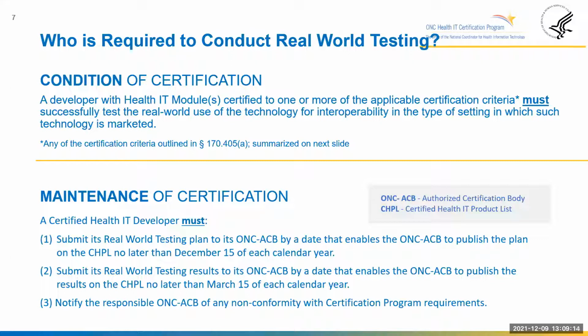You're also going to have to submit real-world testing results to your ONC ACB by a date that enables them to make those publicly available on Chapel no later than March 15th of each calendar year, and to notify your ONC ACB of any nonconformity with real-world certification program requirements during your real-world testing. Next slide, please.